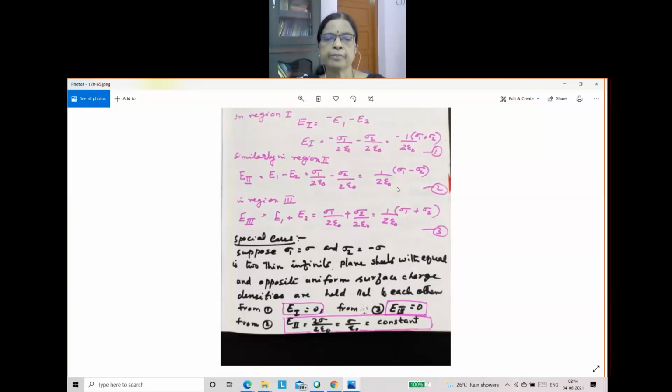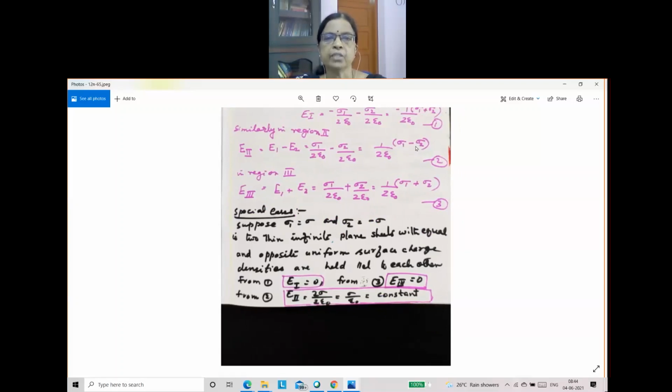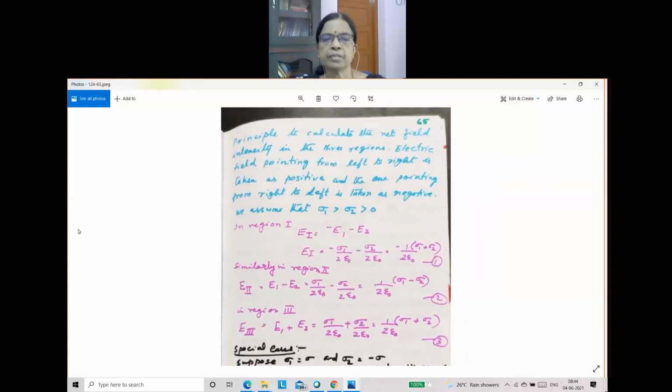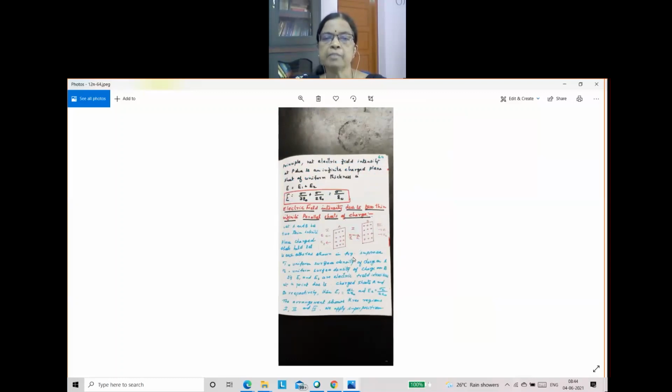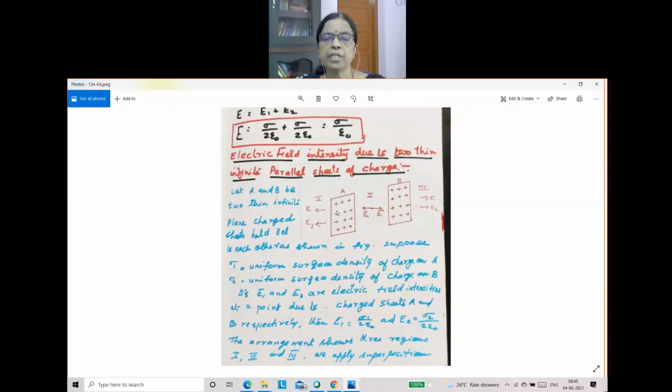But the electric field in the middle region will be sigma minus minus sigma, that is sigma plus sigma, 2 sigma by 2 epsilon 0. The 2 and 2 get cancelled. We get sigma by epsilon 0, which is a constant value, not varying with distance. So if you keep two sheets, one with plus sigma and the other with minus sigma, in the middle region the electric field is sigma by epsilon 0.